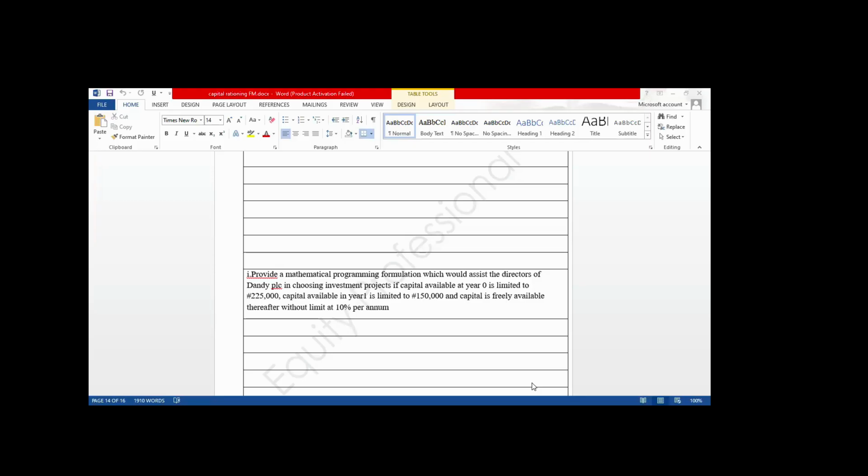We explain this. And we said, if you are dealing with single period capital rationing with divisible projects, the basis for project selection is your profitability index.